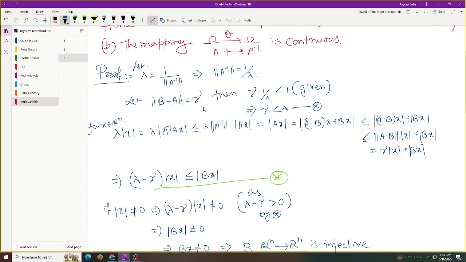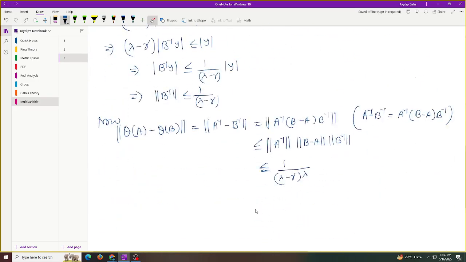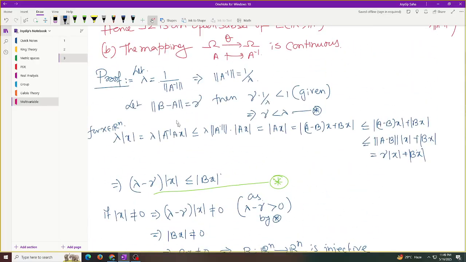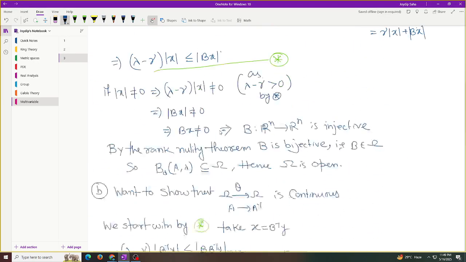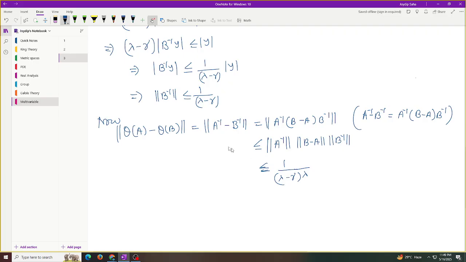Oh, B minus A is gamma here. Look at here, B minus A, it is gamma. So I should write here, it is gamma. Okay.